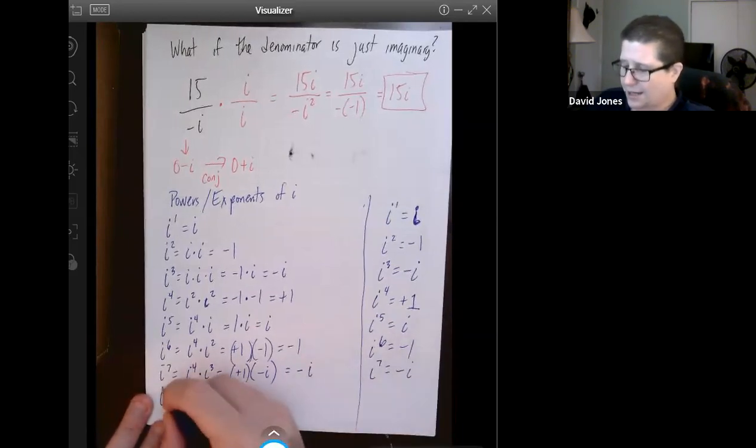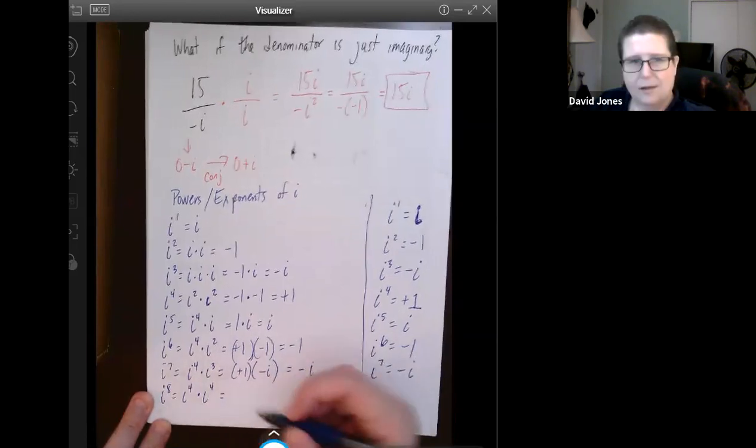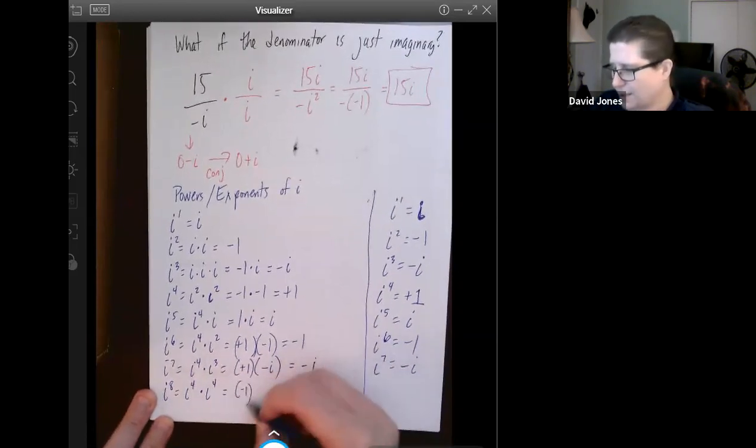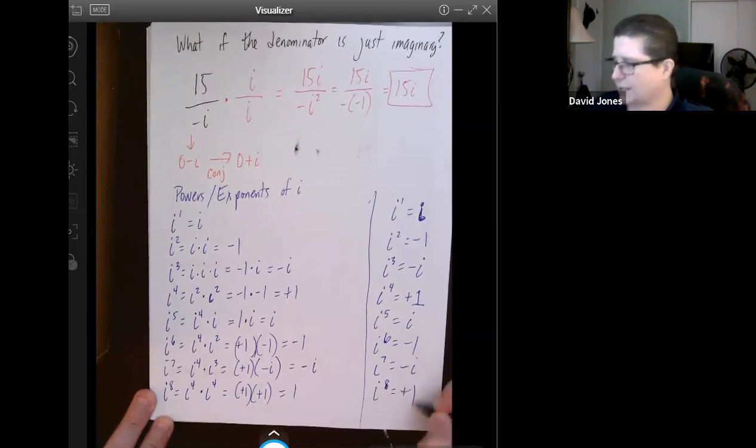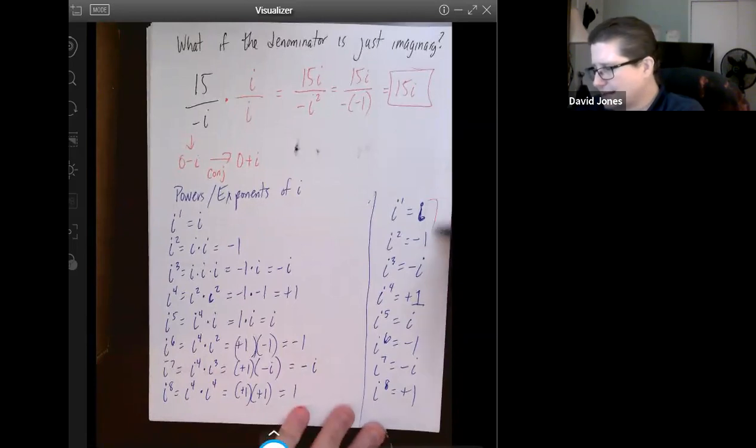And if I do i to the 8th, this is i to the 4th times i to the 4th. Both of those are just positive 1, and 1 times 1 is 1. i to the 8th equals positive 1. Notice this is cyclical.